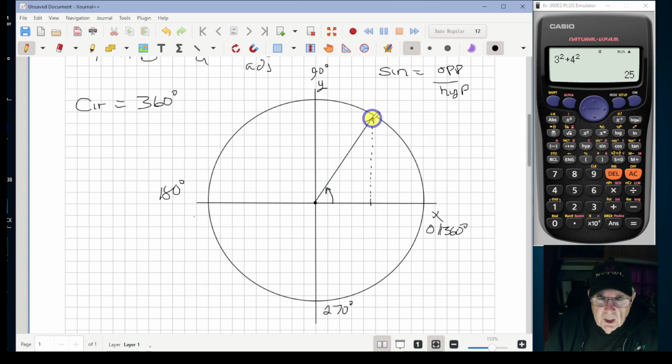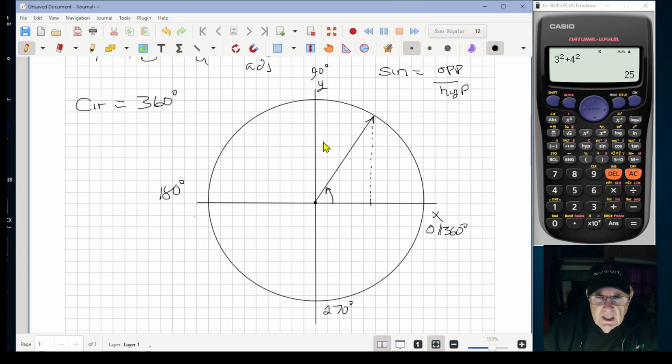It's a radius, really. But anyway, we can rotate it counterclockwise, and we can point it to any particular angle we want. And I think you can see how the length of this side opposite and the length of the side adjacent change as we go around this circle. Okay.